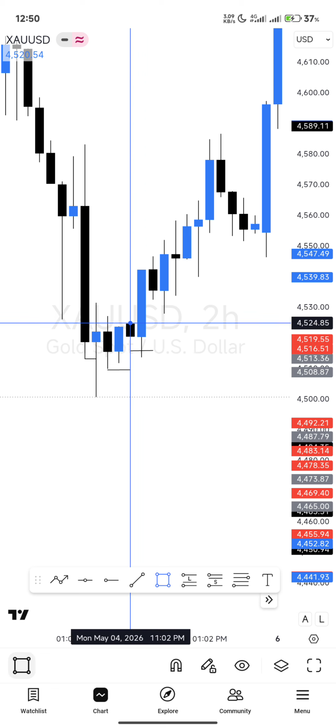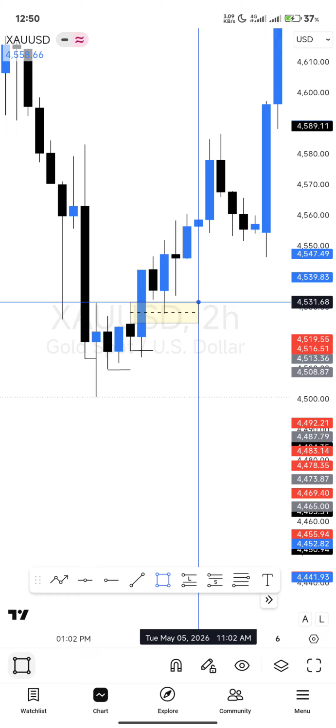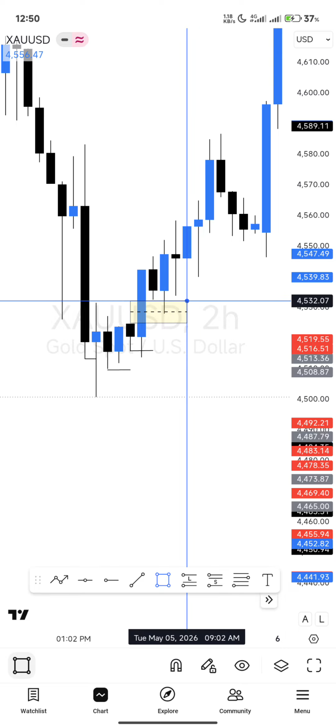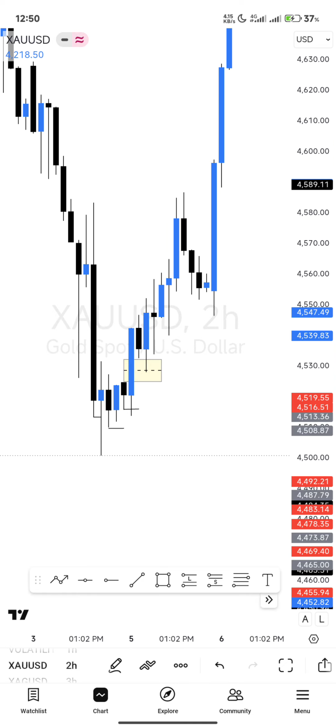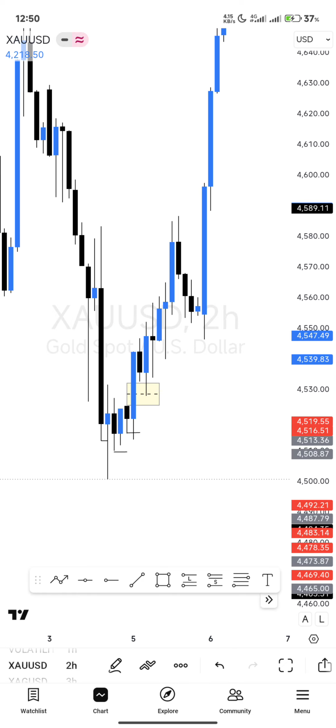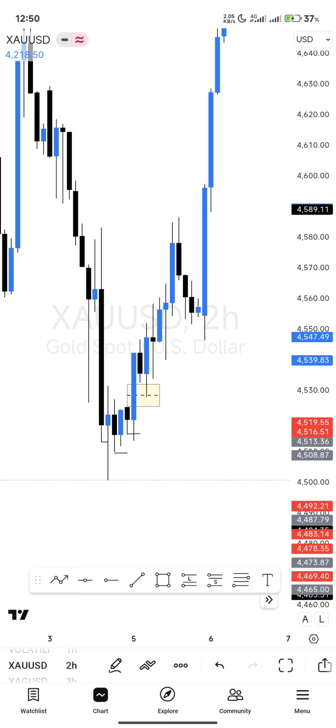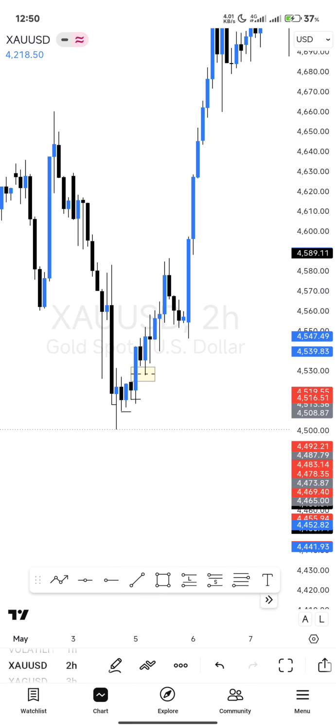Secondly, we have a fair value gap right here. Can you see that? And that is exactly where price reacts from. I hope you can see that. So this is a very practical example.